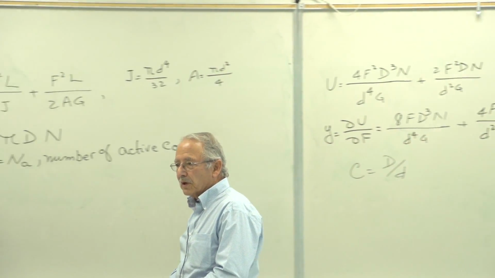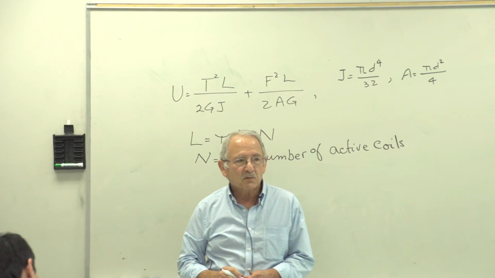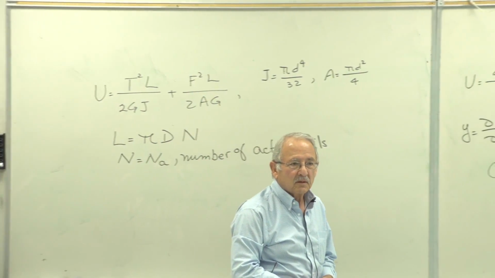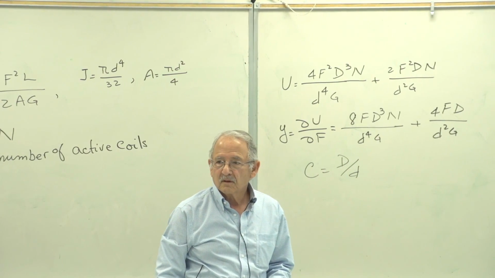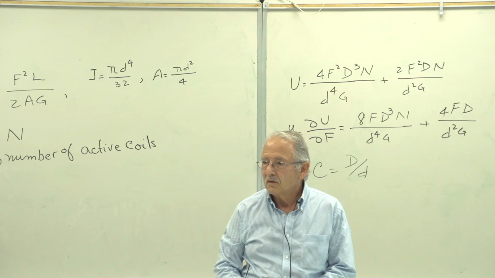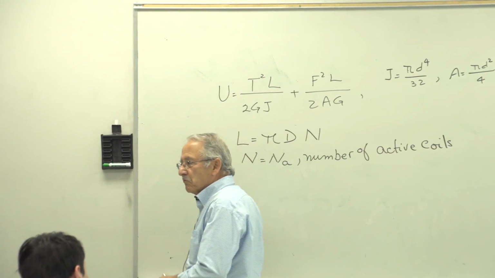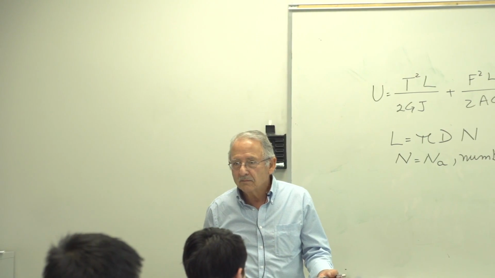What's the maximum value of this? 1 over 2 C squared. Maximum practical value. What about the value of C? Between 12 and 4, right?